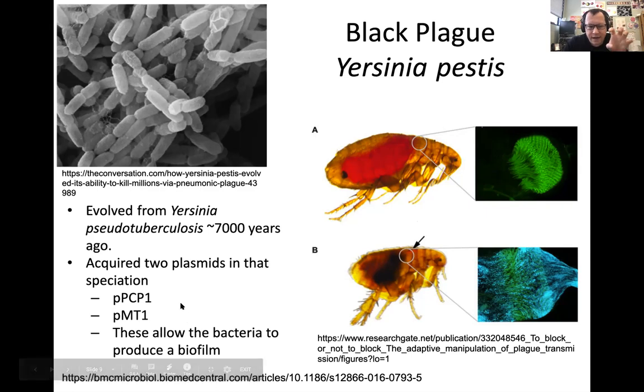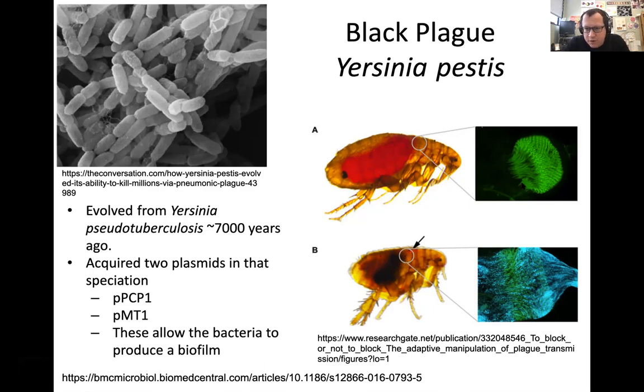And the reason that it causes the disease, or a plague pandemic kind of situation, is that the bacteria can now produce a biofilm. And when they produce that biofilm, this is a flea. The bacteria produce the biofilm in the flea, and it produces it in the digestive tract.